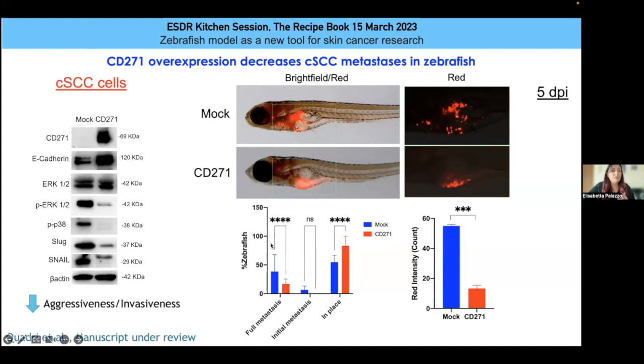We can count the percentage, the distribution of this type of metastasis formation, and you may also want to count the amount of cells or the red intensity that corresponds to the cells in the animal. And we have really interesting results.